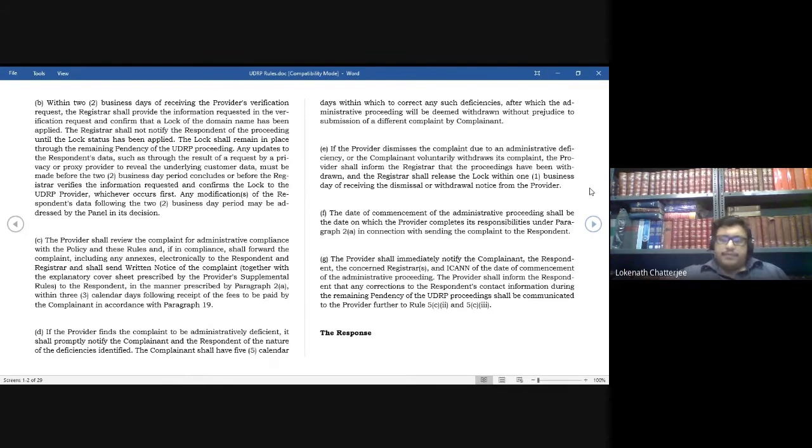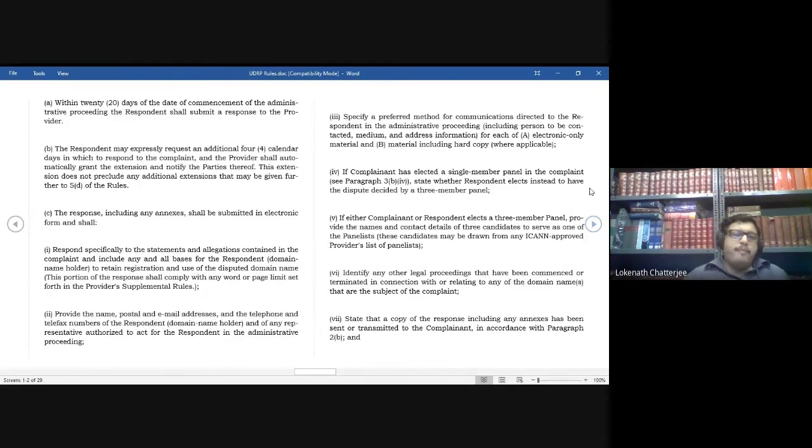Concept of corrections being given, and moving on.